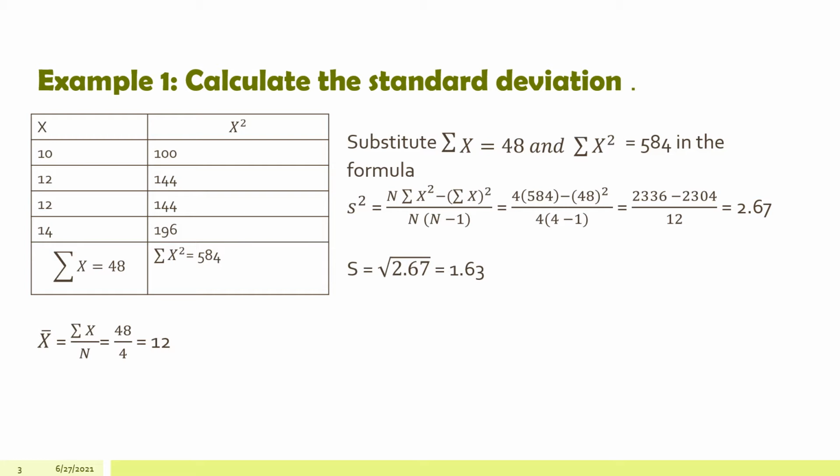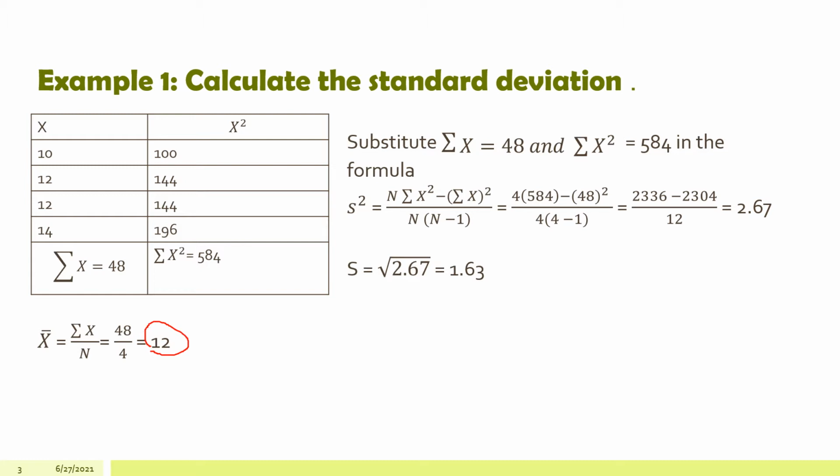So the mean is 12, because 48 divided by 4. Now, to get the sum of x squared, we just add all of them, so that's 584. And then substitute the sum of x, which is 48, and the sum of x squared, which is 584, in the formula.